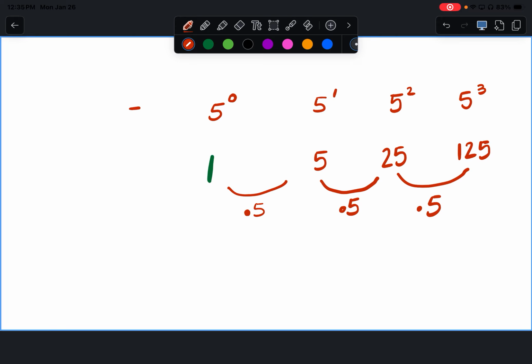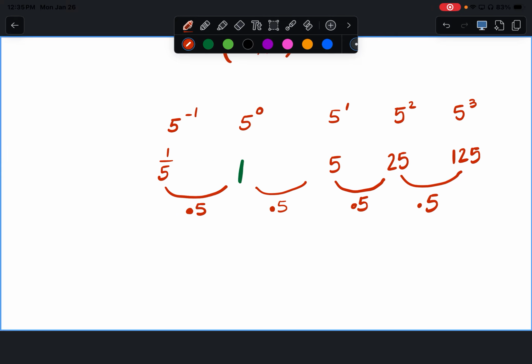So if I did 5 to the negative 1, we have to figure out what we can multiply by to get 1. So if we do 5 to the negative 1, what do we get? Not negative 5. 1/5. Yep, it is 1 over 5.